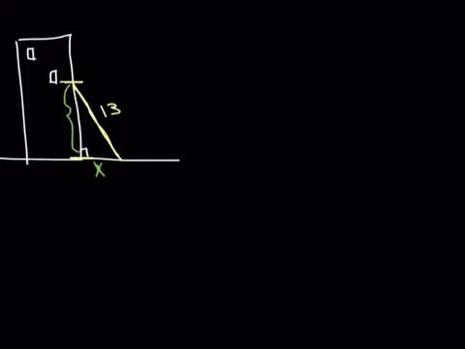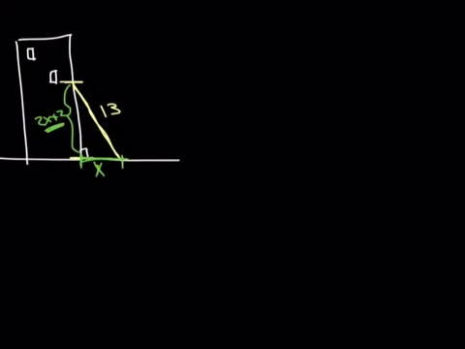What does it say? It says it's 2 feet higher than twice the distance from the base of the building to the base of the ladder. So sometimes it's just the language they use that makes it a little bit difficult.